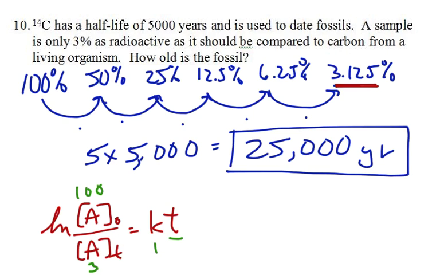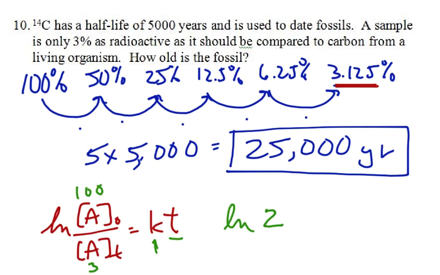And we have this other variable, and that comes from the equation that if we're talking about a half-life, the natural log of the original concentration, which could be any number, divided by half of itself. So if we started with 100, we would have gone down to 50. That would be 2. If we started with 2, we'd have gone down to 1. If we started with 10, we'd go down to 5.